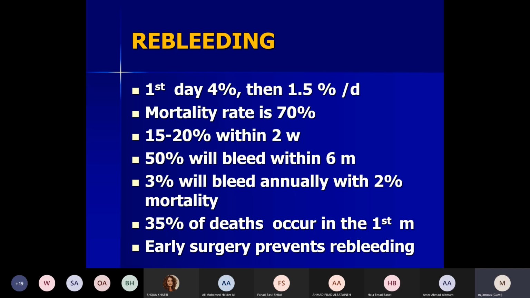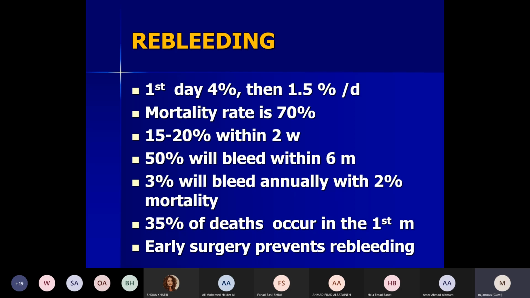The risk of rebleed is highest in the first day, up to 4%, then it is 1.5% per day. Within 2 weeks, up to 20% risk for rebleed. About 50% will rebleed within 6 months.